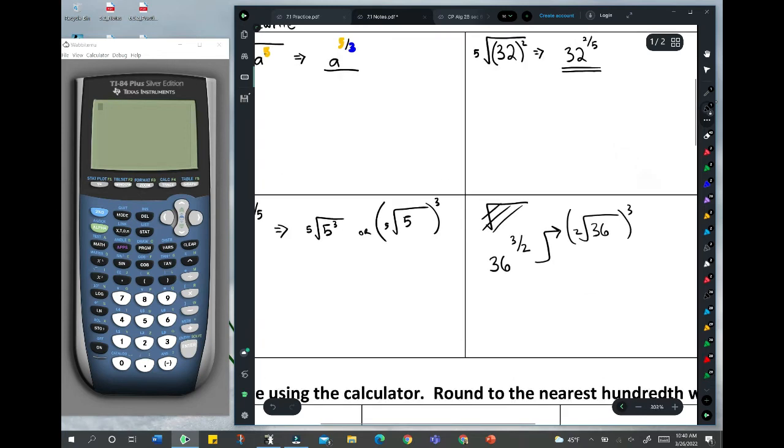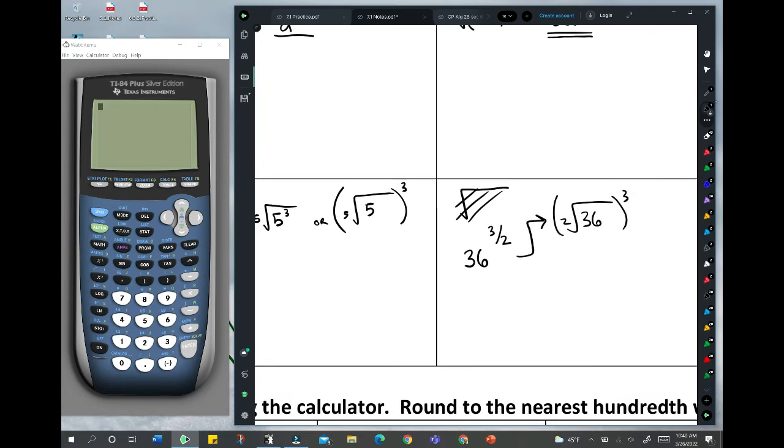And this is where it can get a little helpful because you should hopefully know the square root of 36, and that would just be 6 to the third. And you may not know 6 to the third. So you could try that in your calculator if it cooperates here. 6 to the third, sorry.